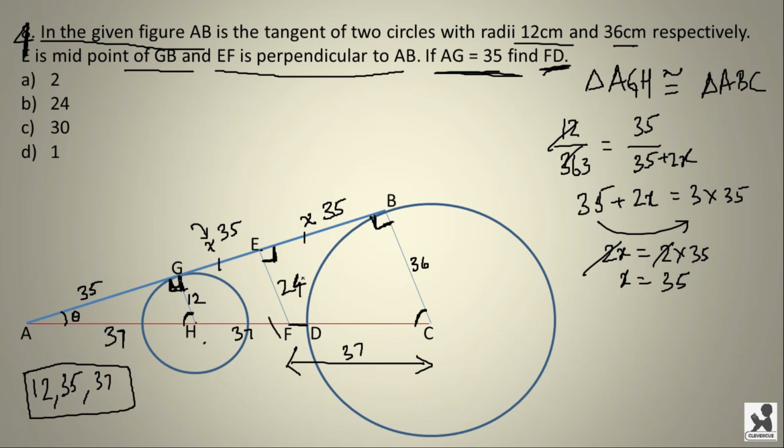You can solve this using the similarity of triangles and check this out. Now that we got the value of FC as 37 and we know CD is 36, FD is equal to FC minus DC, that is 1. So the length of FD is 1.